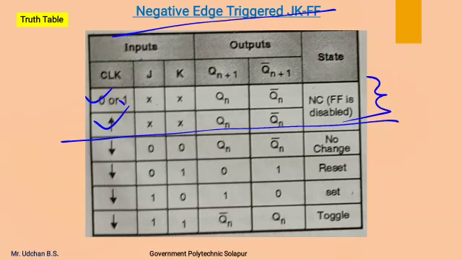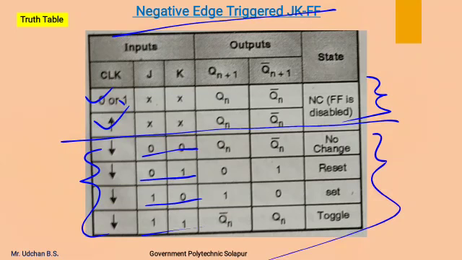At that time the output will not change, and for the rest of the negative edges of the clock pulses, with respect to the variation in the JK inputs, the output will change. As we have discussed the operation of the positive edge triggered JK flip flop, like that we will get the outputs. Only the difference is the output will respond only during the negative edge of the clock pulse.